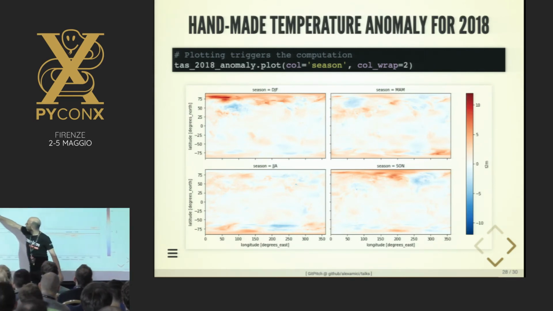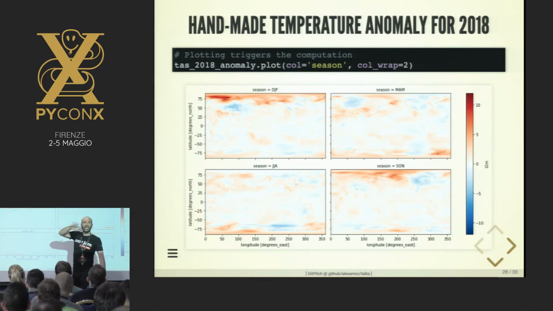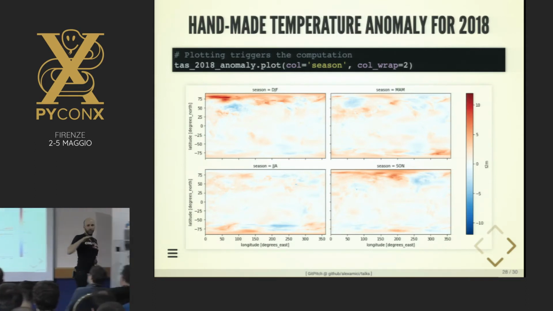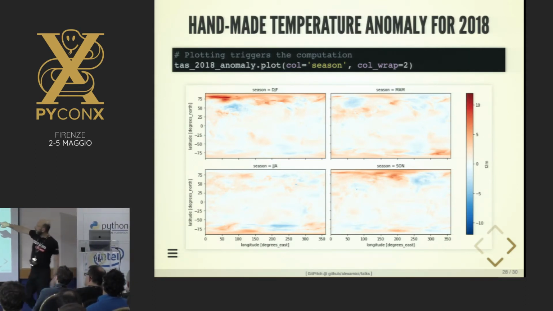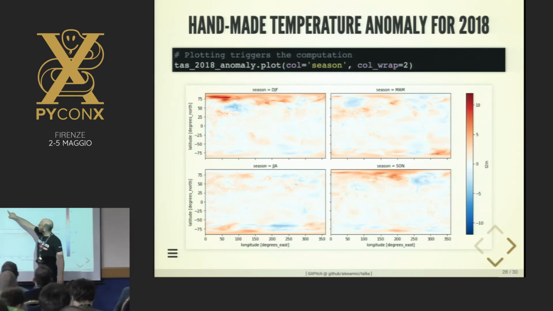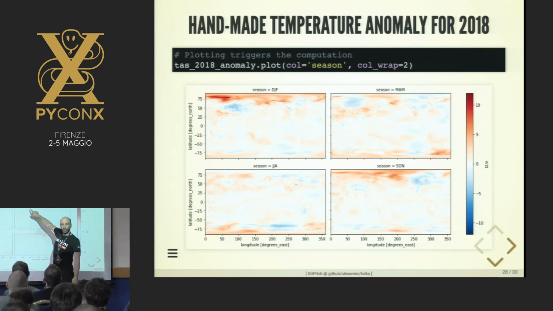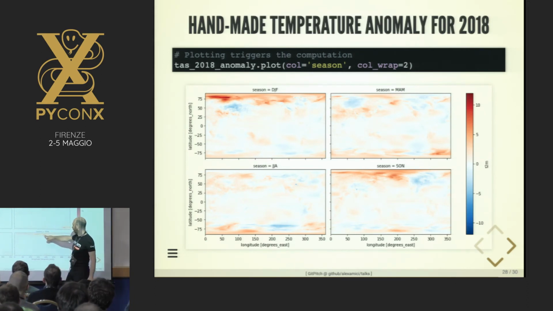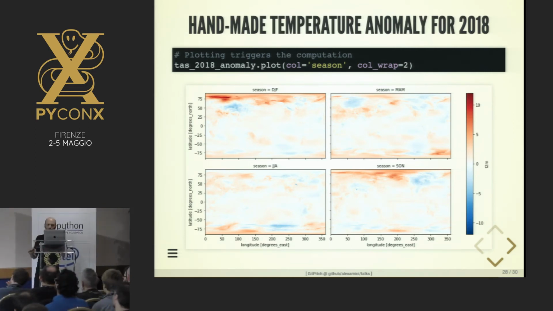There's some blue here, but it's mostly shades of orange and red. In this case here, actually, above Europe, there's more of a blue region. So it's slightly colder than usual. And in the other two cases, not much has happened except a higher anomaly up north.